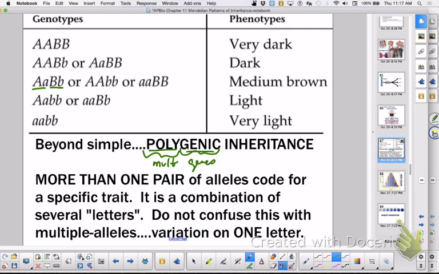Do you see that? Okay, so of all your options, there's only one way to be very light, right? There's one way to be very dark. There's two ways that you can be either dark or light, but there are more ways to come up with being medium. Do you agree with that? In dice, this would be like rolling a 7.